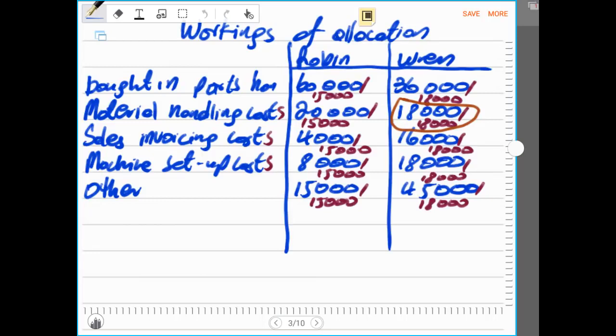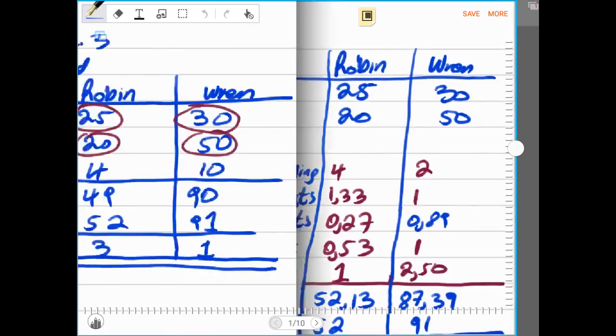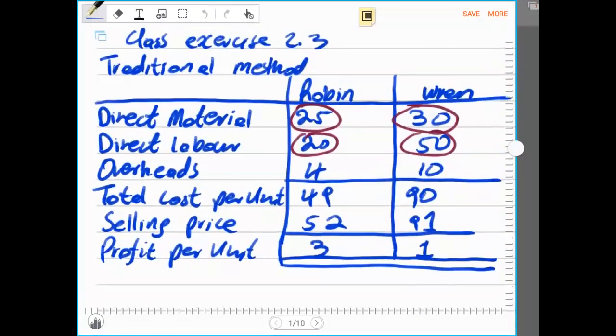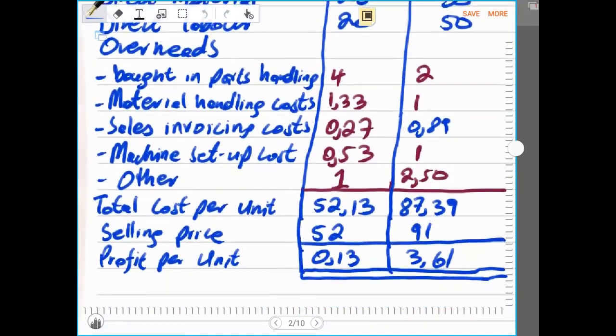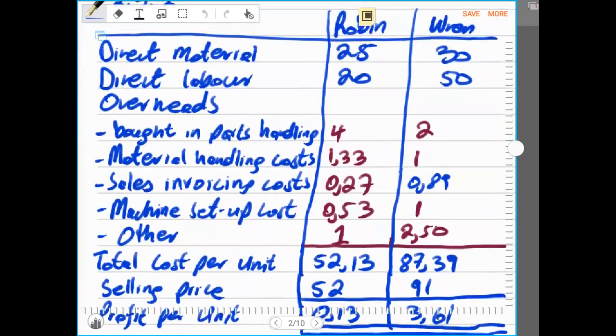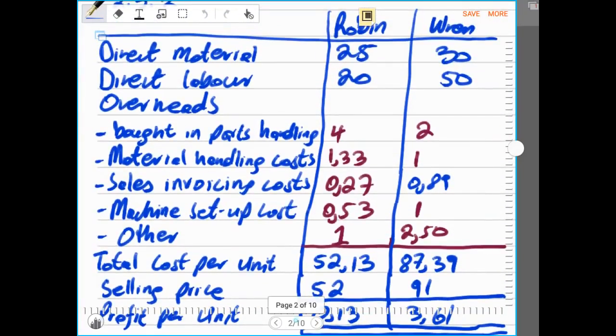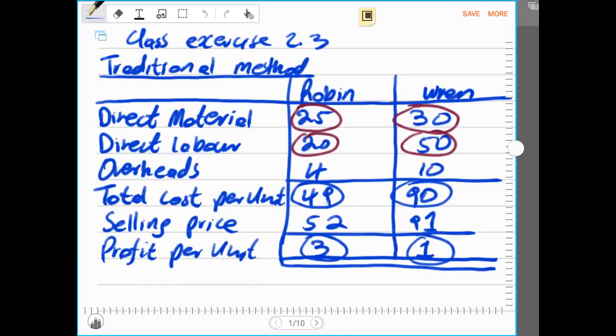Now we have to compare the two. If you see in the first scenario, when we use the traditional method or the blanket approach, we made a profit of 3 rand and a profit of 1 rand, respectively for Robben and Ren. The total cost for the Robben product was 49, and here it was 90. In the ABC, the total cost is 52 rand 13 cents, whereas it was 49 rand.